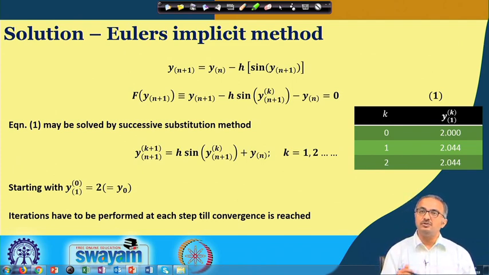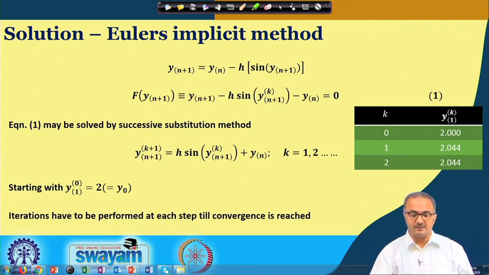So, in this case also, depending on whether you want or do not want to trace the transient of the process, you have to decide the convergence criterion at each particular step. So, here we are just doing this, and we have shown you the final results for this particular problem.